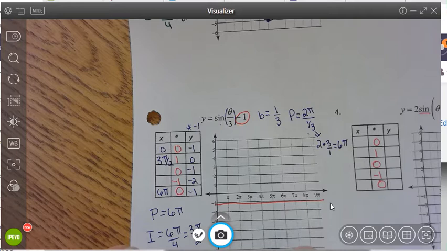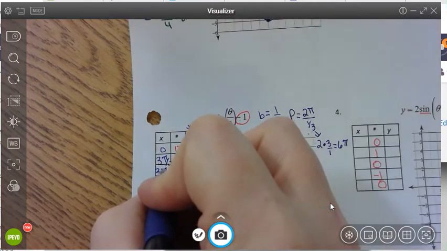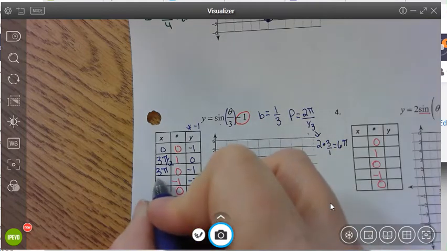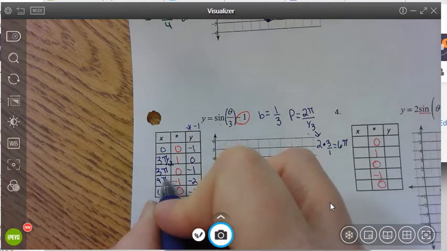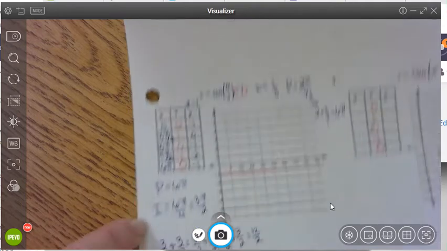I'm going to add 3 over 2, which is going to give me 6 over 2. And 6 over 2 breaks down to 3. So this is 3 pi. And then I'm going to add 3 over 2, which is 9 over 2 pi. 9 pi over 2. And then I'm going to add 3 over 2, which is 12 over 2 pi, which is 6 pi. Does that make sense?